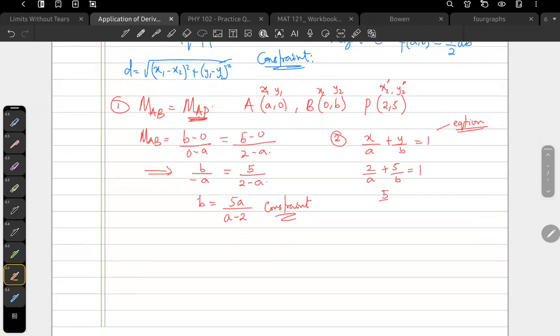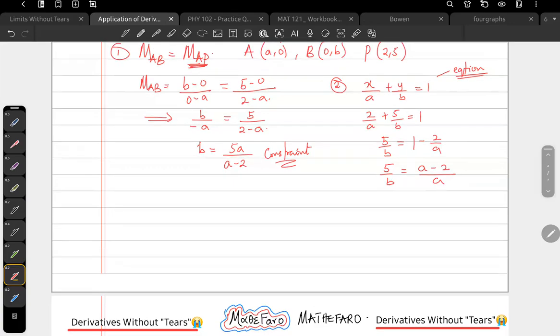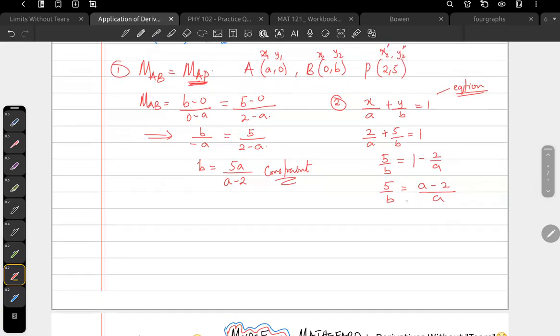This means 5 over b is equal to 1 minus 2 over a, so 5 over b equals a minus 2 over a. If I flip both sides, we have b over 5 equal to a over a minus 2, which implies b equals 5a over a minus 2.